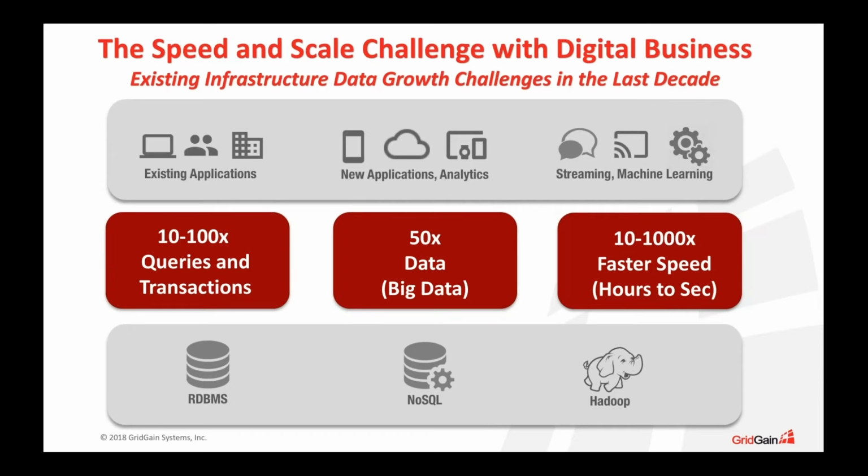Regarding the scale, we talked about that a little bit in the last session. But we basically experienced somewhere between 10 to 100 times more queries and transactions over the last decade. I get slightly different numbers depending on who I talk to as a customer, but the analysts will tell you roughly the same thing. The load has increased 10 to 100-fold over the last decade as we've gone more digital.